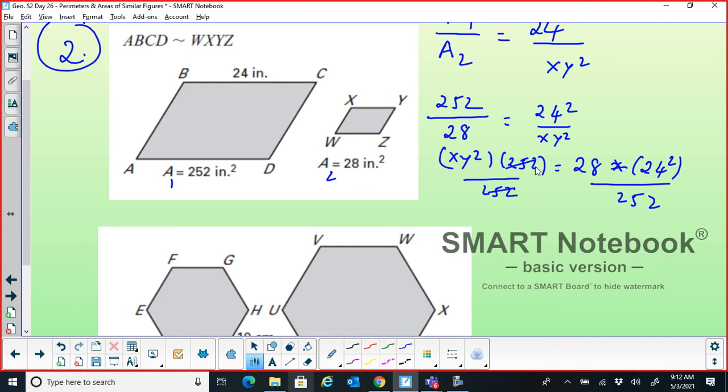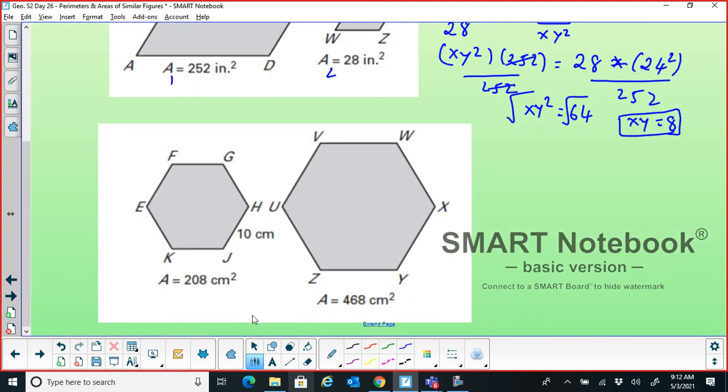Let's simplify this in the calculator itself. 24 square times 28 divided by 252 gives us 64. So I get xy square equals 64. Taking the square root on both sides, I get xy equals 8.